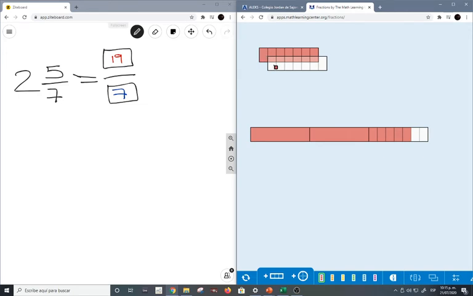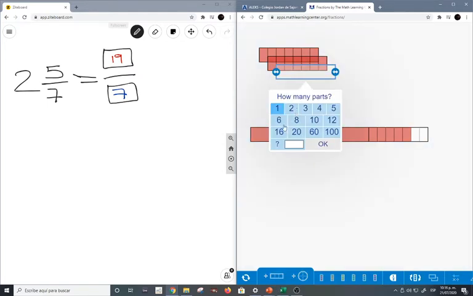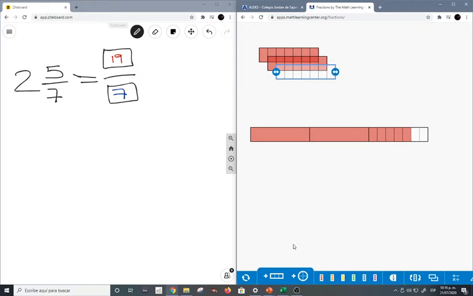We had 7, now it's 8, 9, 10, 11, 12, 13, 14. It is not enough yet, so I make another one. We had 14, 15, 16, 17, 18, 19.